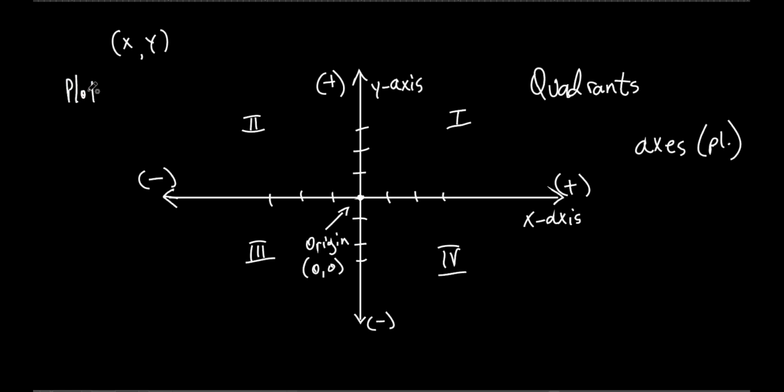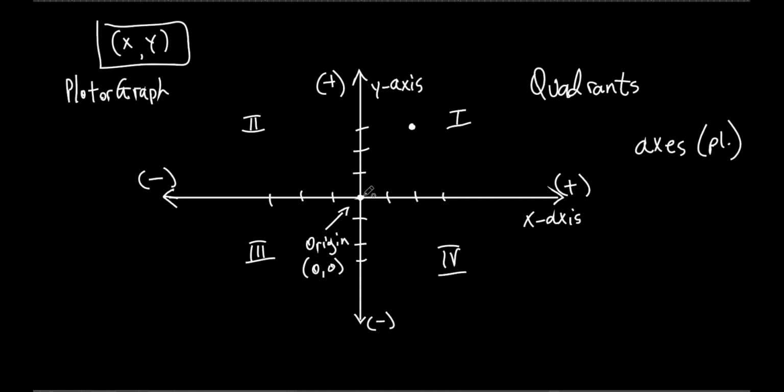Sometimes they'll use the word plot, okay, or they'll say graph. Plot or graph. They won't say both, but they'll say one or the other, okay? If I wanted to plot a point, right, they'll give you the point. And this shows you how to describe a point, all right? So if I wanted to go right here, where would that point be? Well, I start at the origin, and I always go in the X direction.